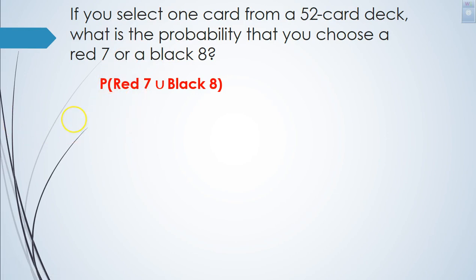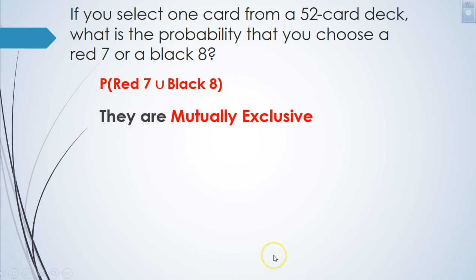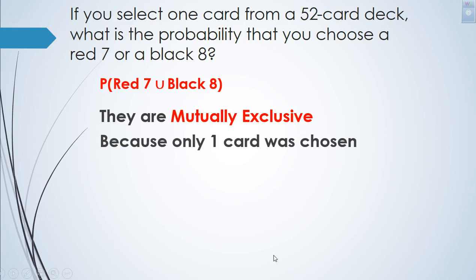So this is our statement, the probability of red 7 or black 8. These are mutually exclusive. The reason is because only one card was chosen, right? So the probability that we pull a red 7, there are 2 7s that are red, and there are 2 8s that are black, right?